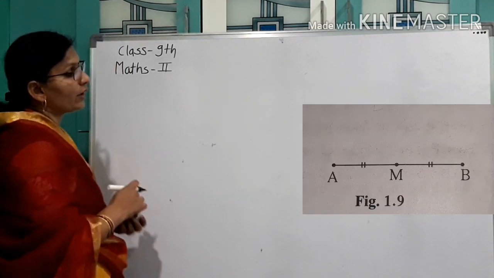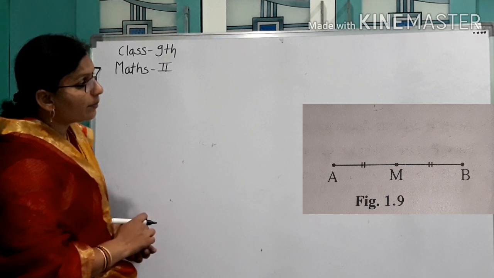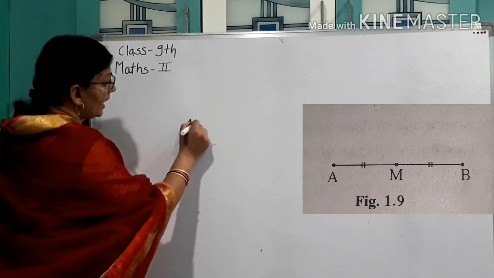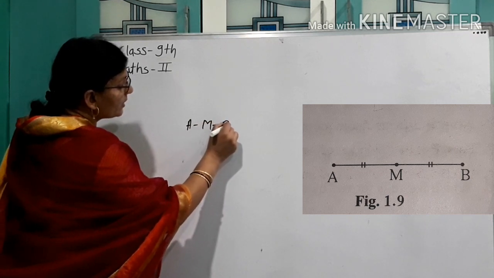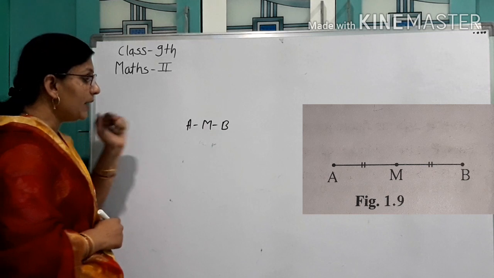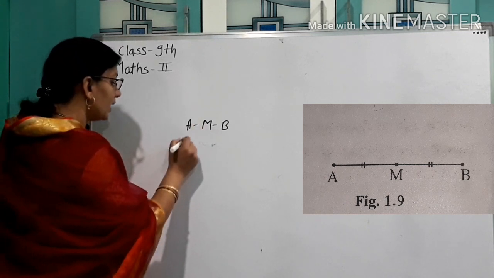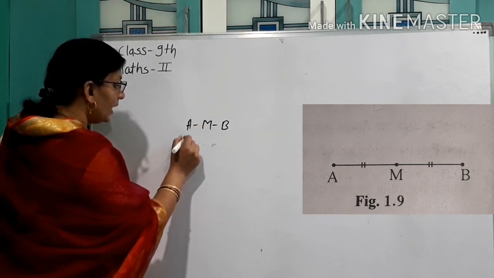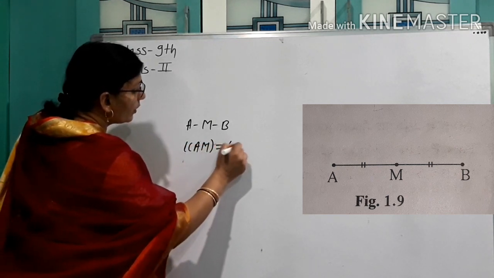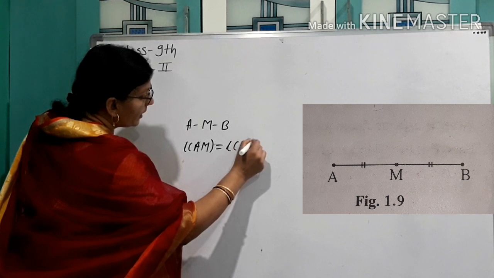Then midpoint. Next figure is the midpoint of a segment. In this figure, A-M-B is given. Point M is in between A and B such that length of AM is equal to length of MB.